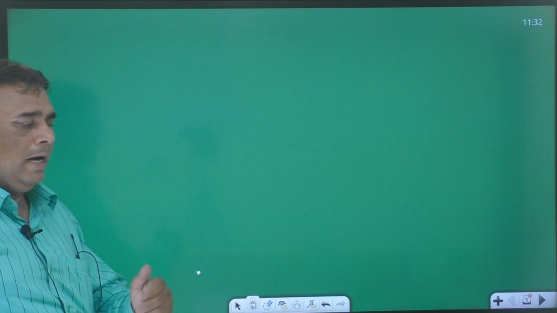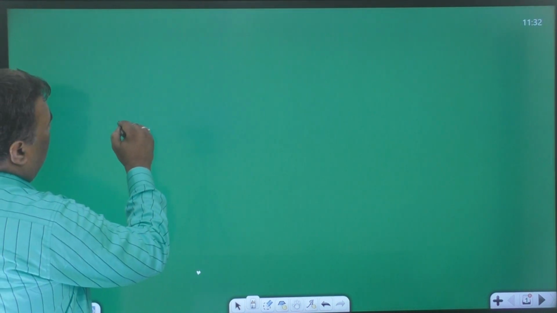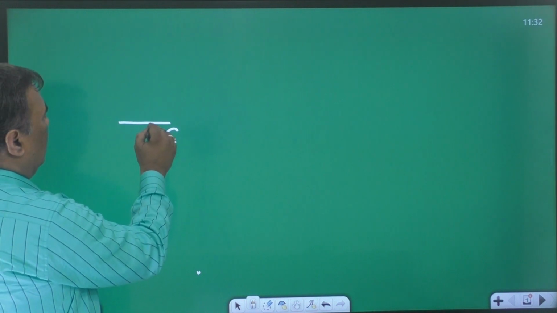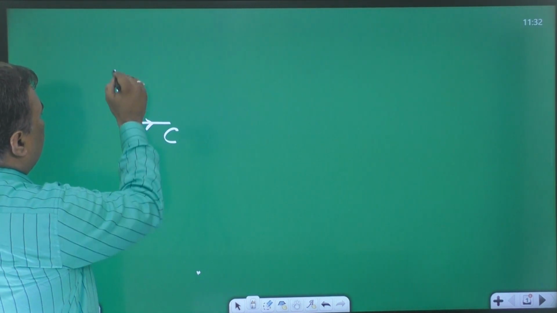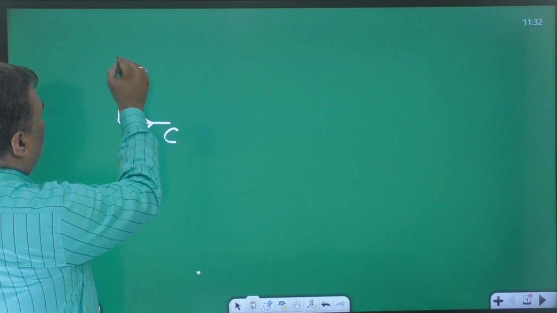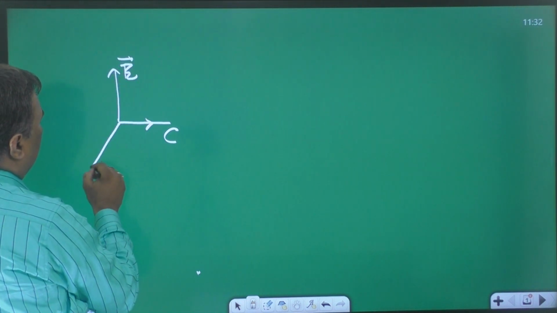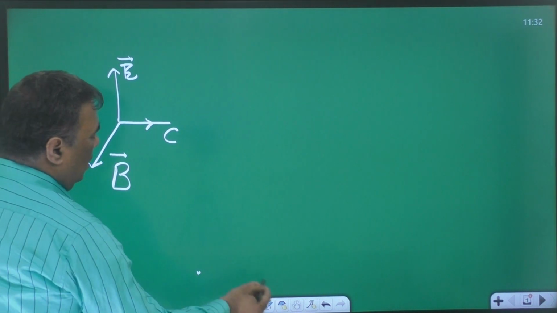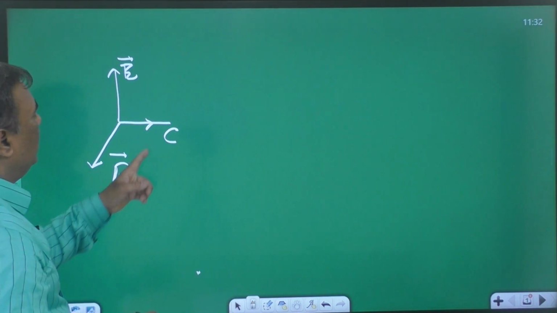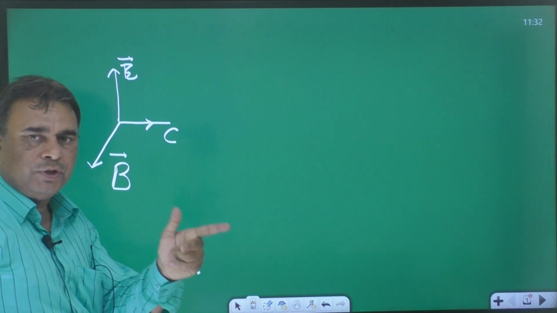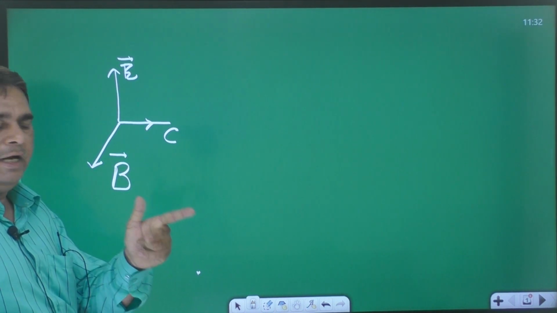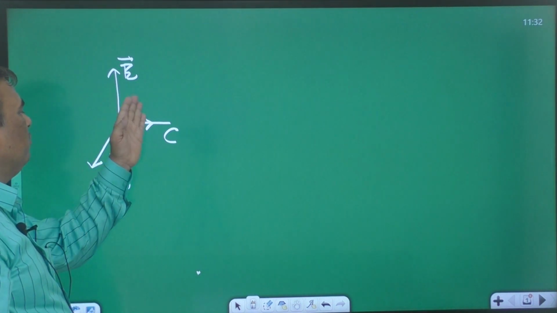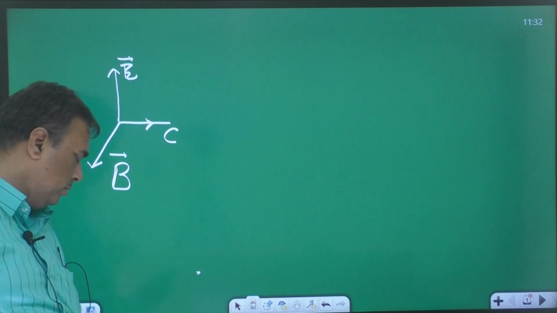It comes out, and it is possible when this is the propagation of light. Suppose this is the electric vector and this is the magnetic vector. When these three are mutually perpendicular, it means light is not deviated in an electric field and magnetic field.